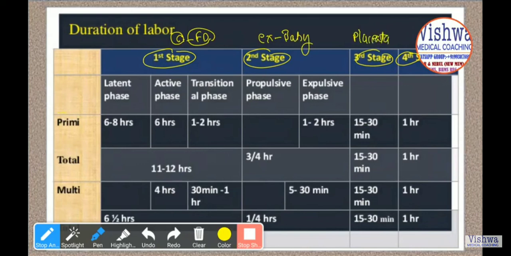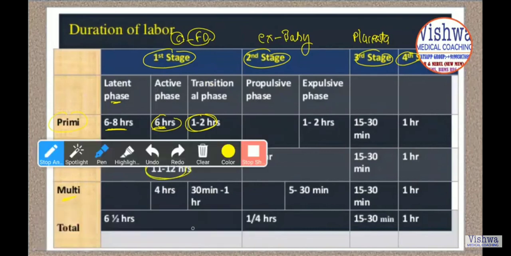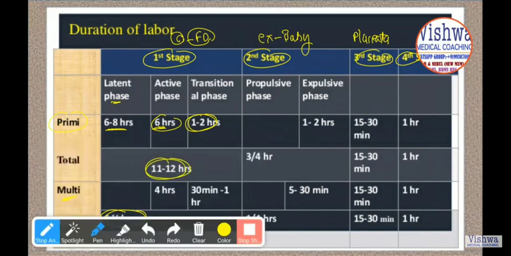For primigravidas, it takes about 6 to 8 hours in the latent stage, the active phase is 6 hours, and the transition phase is 1 to 2 hours. So together it becomes 11 to 12 hours in primigravidas. In multigravidas, logically it is going to take less time, 6.5 hours, because multigravidas have already delivered once, so they take less time than usual to deliver the baby.